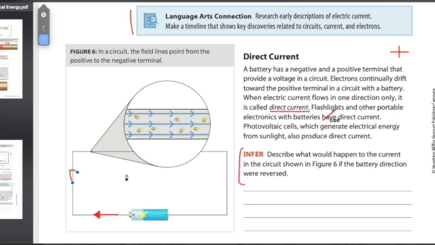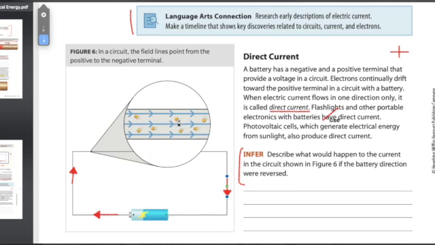What we're looking at is the electrical current moving from the positive end of the battery. This is the conventional current moving from the positive end of the battery around toward the negative end of the battery. And we know that the electrons are doing something different.